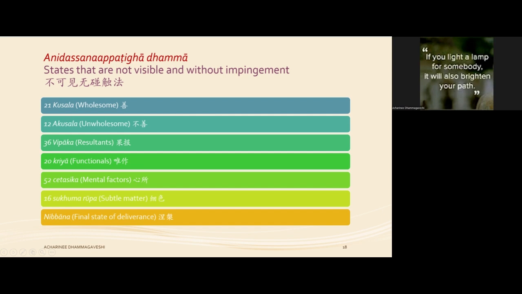So in summary, the analytical states that are classified under Anidassanaappaṭighā Dhamma, states that are not visible and without impingement: the 21 kusala, wholesome consciousness, 12 akusala, unwholesome consciousness, 36 vipāka, resultants, 20 kriyā, functionals, 52 chetasika, mental factors, 16 sukhuma rūpa, subtle matter, and nibbāna, final state of deliverance.